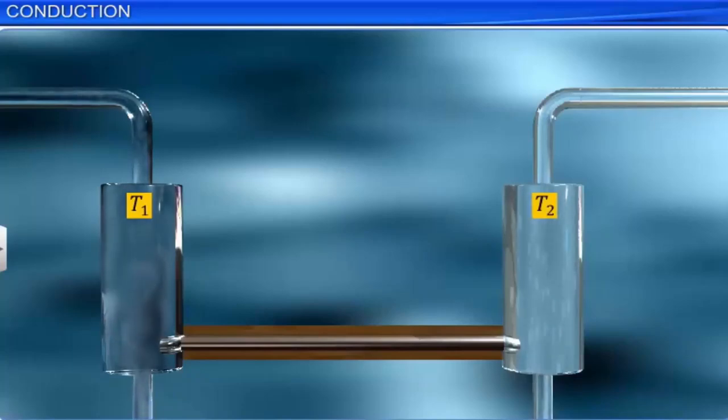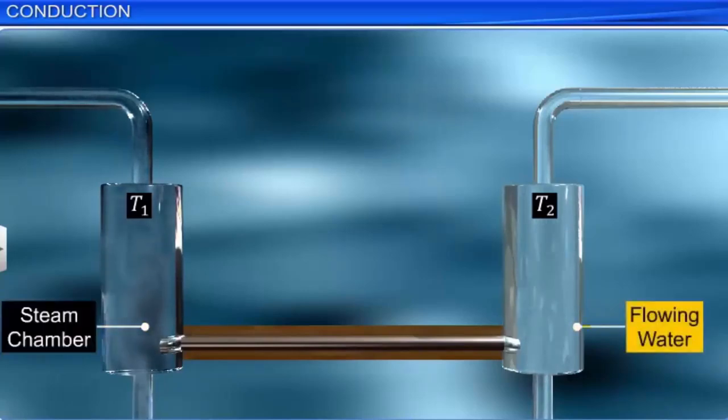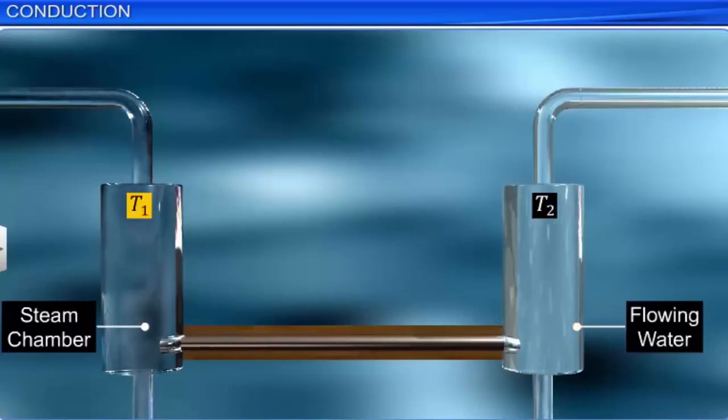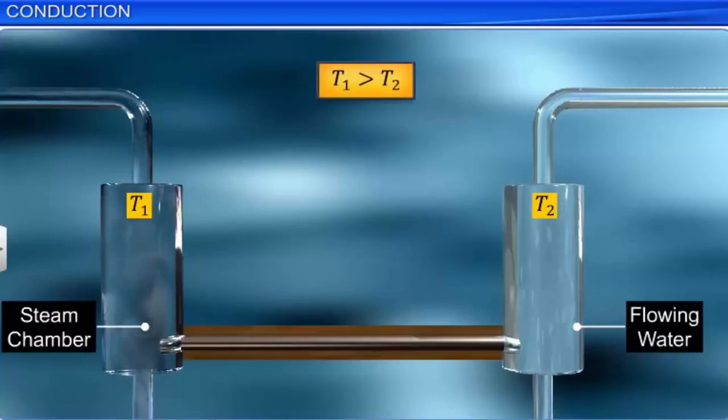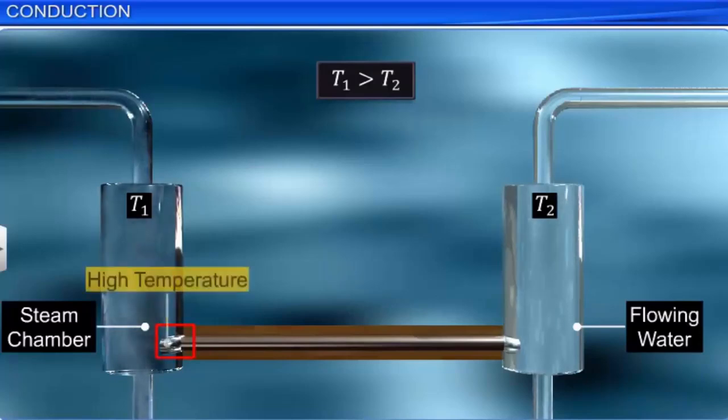These temperatures are maintained by placing one end of the rod in a steam chamber and the other in a chamber with flowing water. Temperatures T1 and T2 are maintained in such a way that T1 is greater than T2. The end of the rod where the temperature is T1 is hotter than the other.